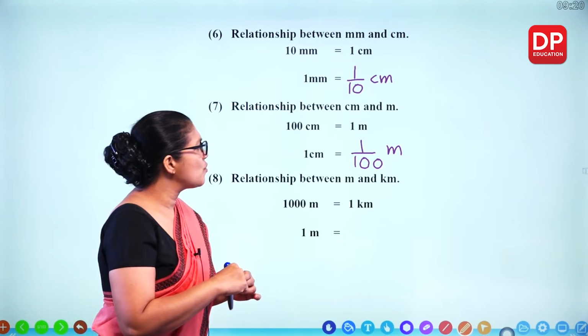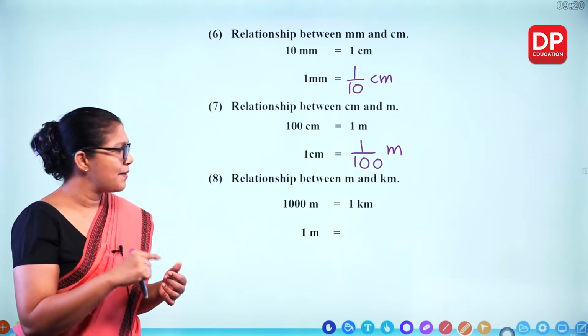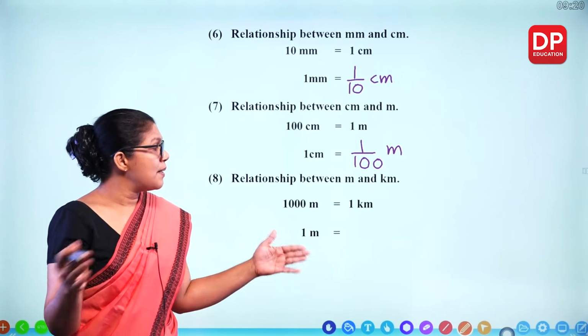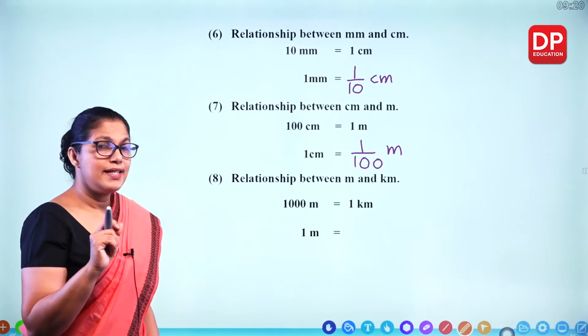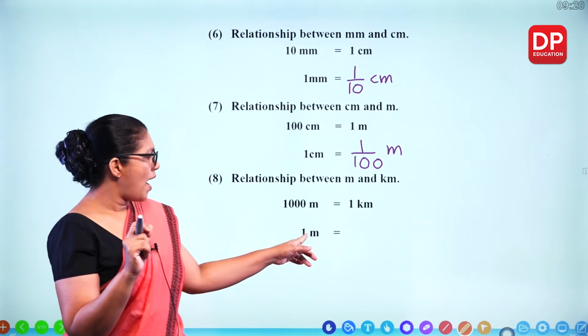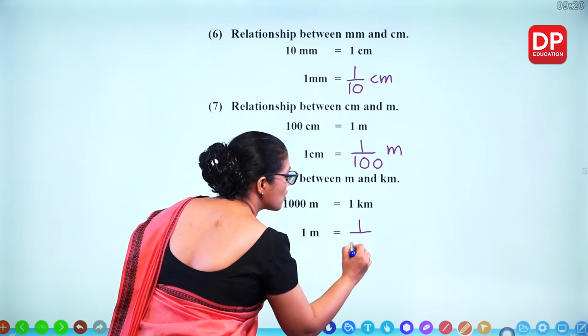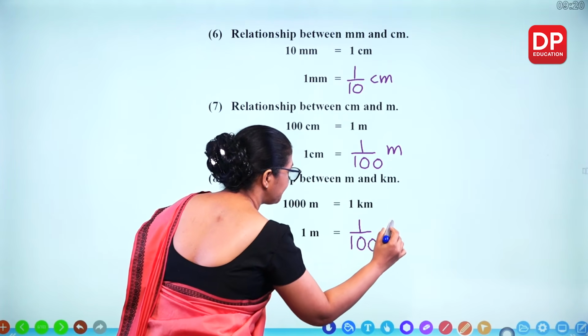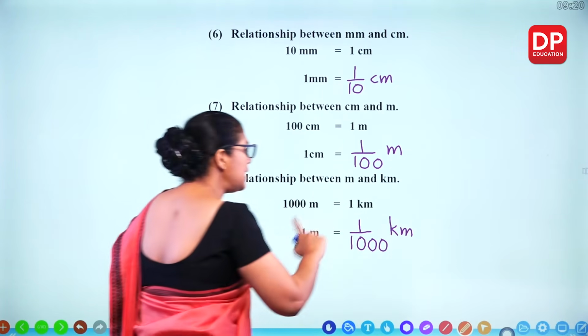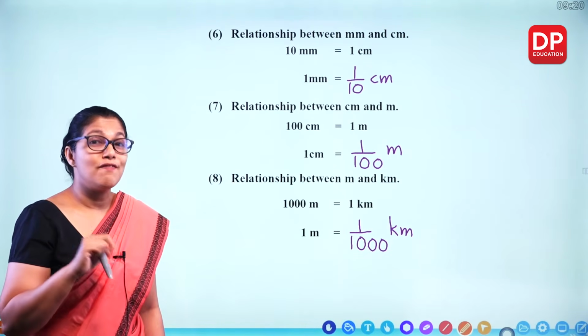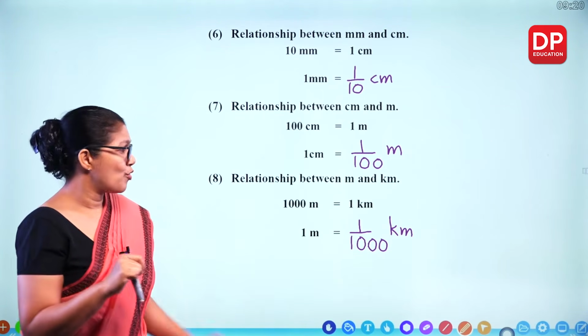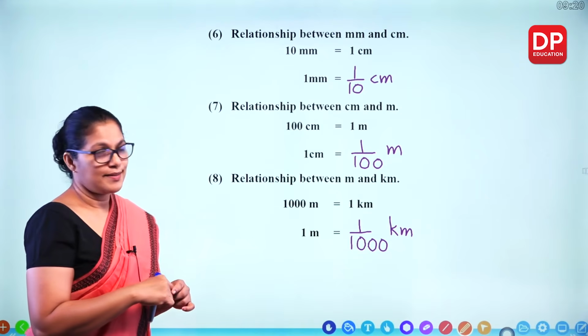Then relationship between meters and kilometers. So 1000 meters is 1 kilometer. So 1 meter means 1 over 1000. So when you convert meters to kilometers, you have to divide this by 1000. So remember this conversion.